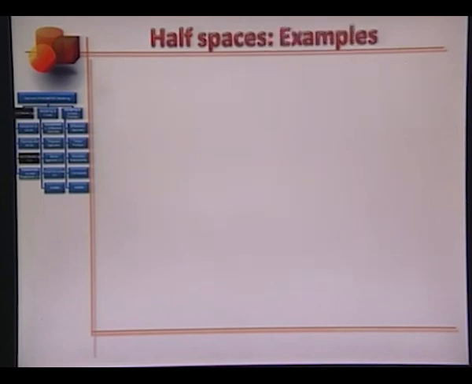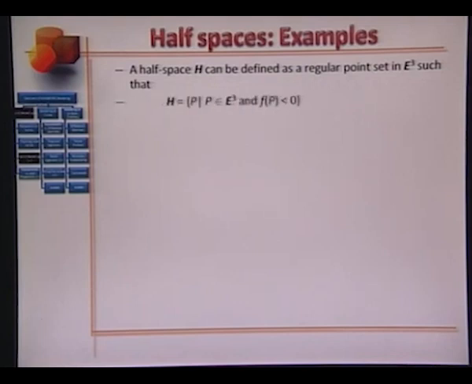Let's consider a few examples. A half space H can be defined as a regular point set in the Euclidean space such that the point set P belongs to the Euclidean space and f of P is smaller than 0. f of P equals 0 defines the surface equation.